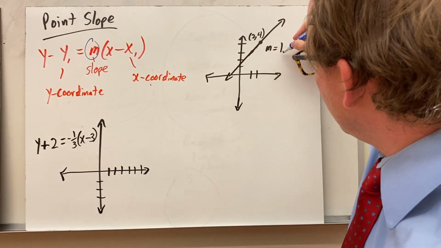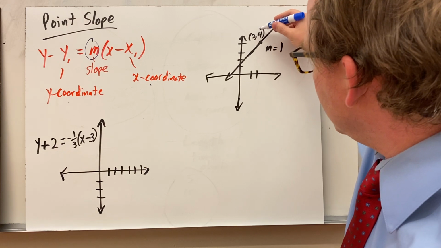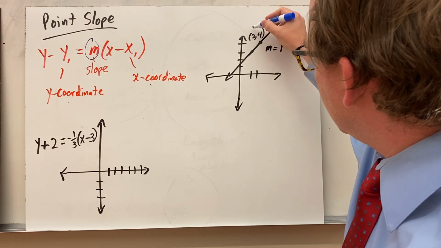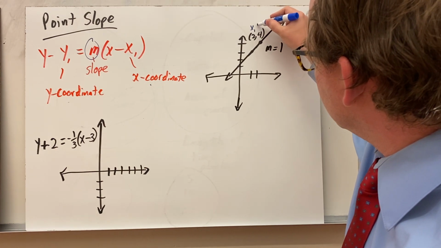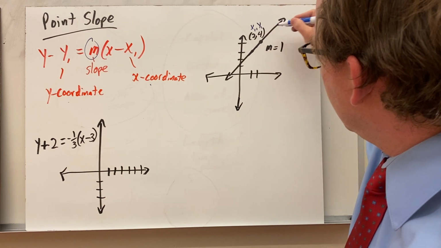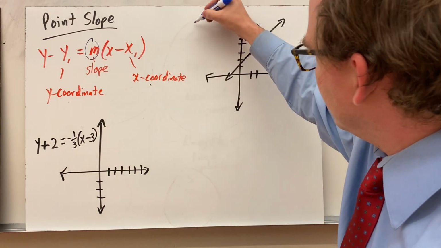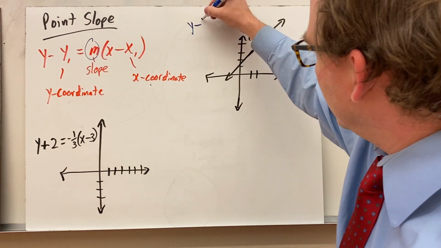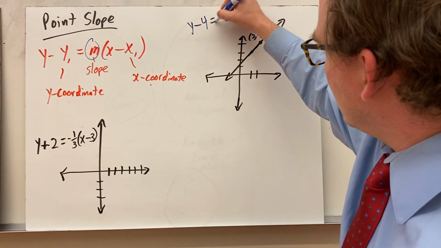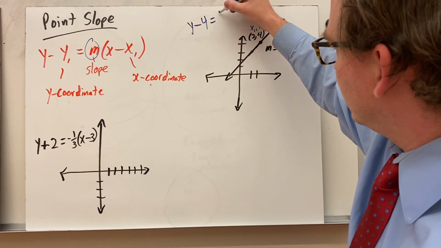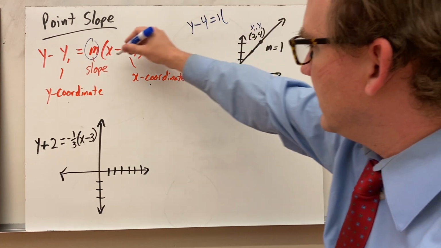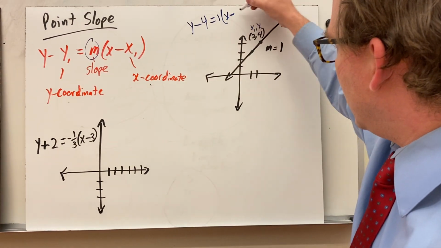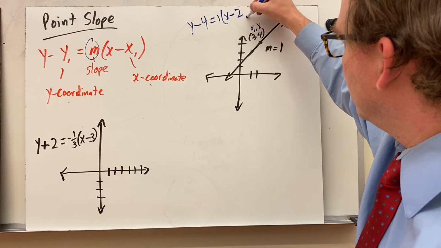If my slope is 1 and my point is (2, 4), this is x sub 1 and this is y sub 1, and I just substitute. So I do y minus 4 equals 1 times x minus 2.